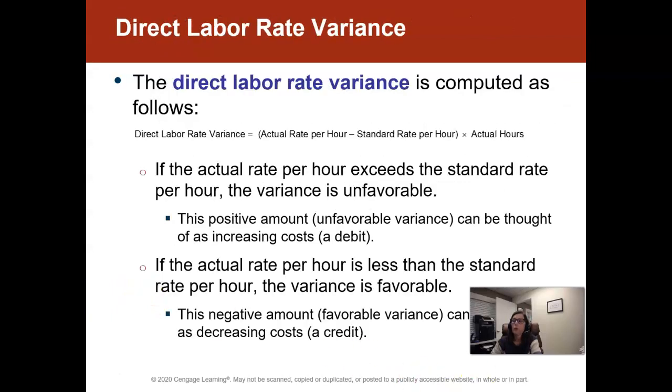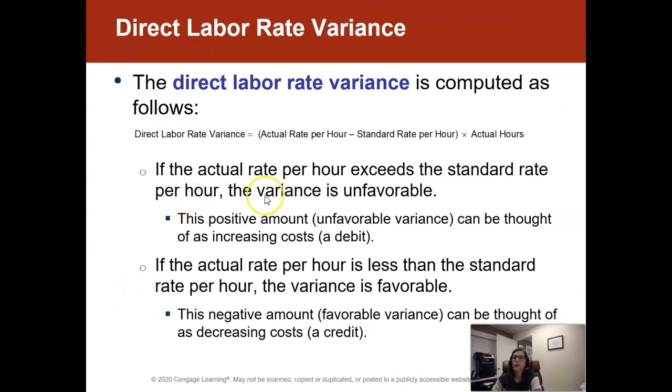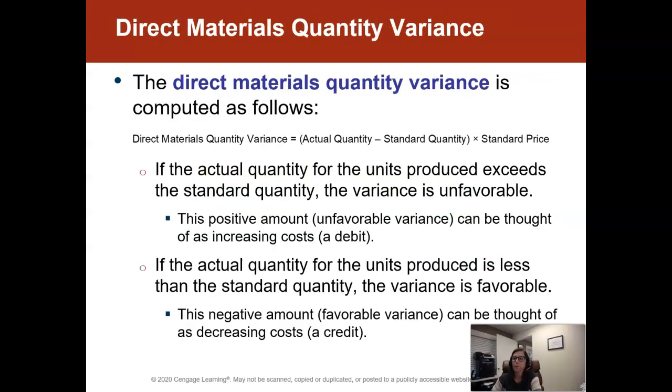When it comes to direct labor variances, it's basically the identical analysis that we gave when we were looking at materials costs. We subtract the standard rate from the actual rate per hour and then multiply that times the actual hours. Note that this varies a little from materials, where we multiplied times the standard price.